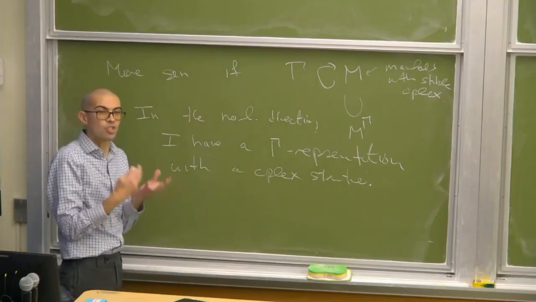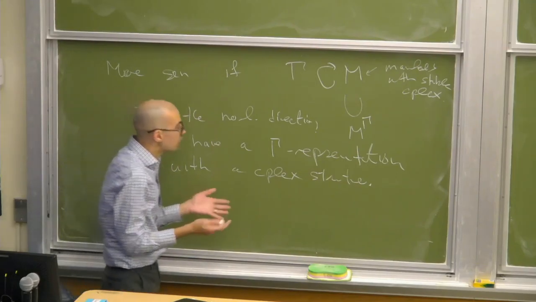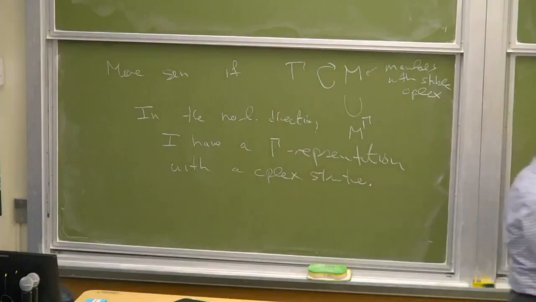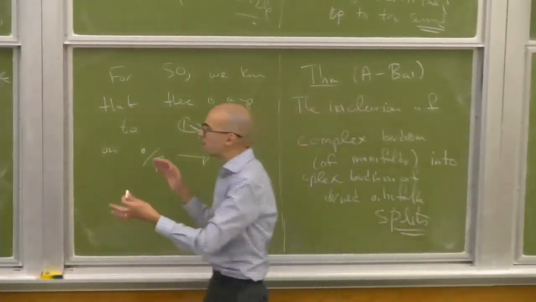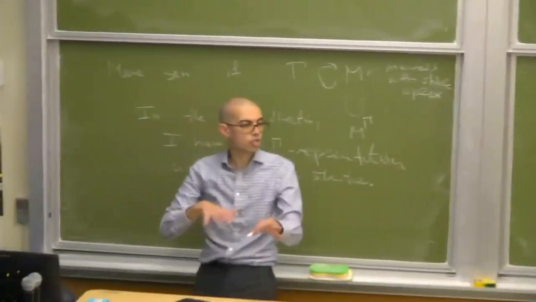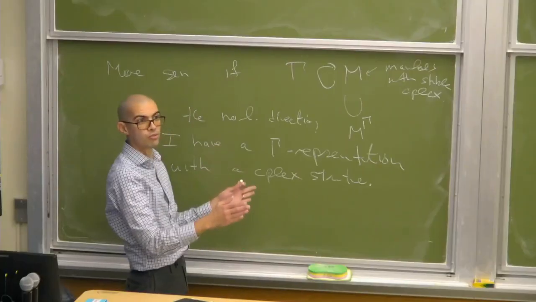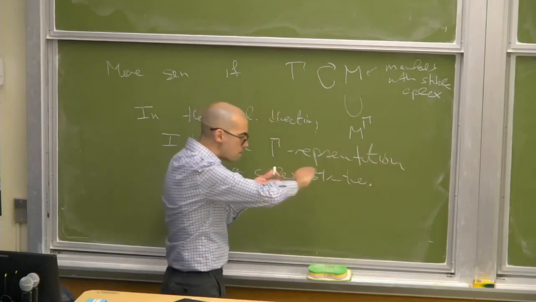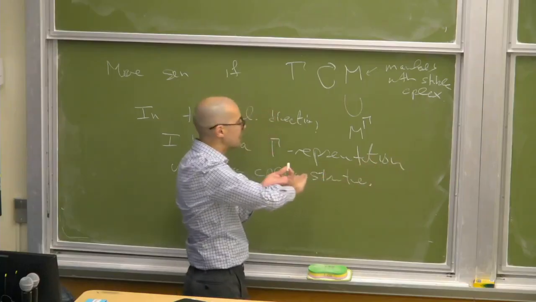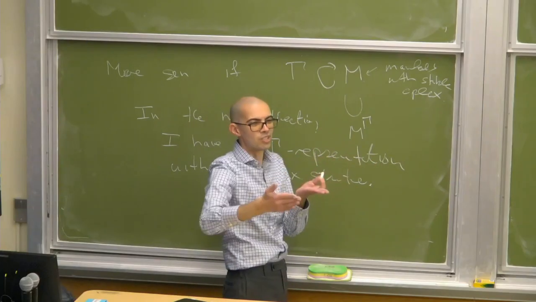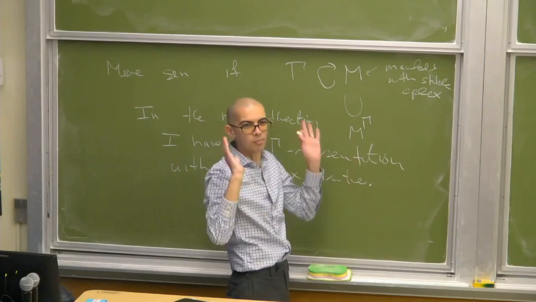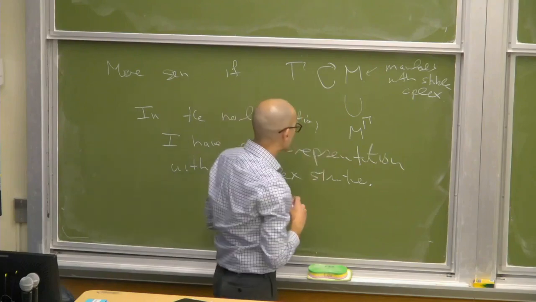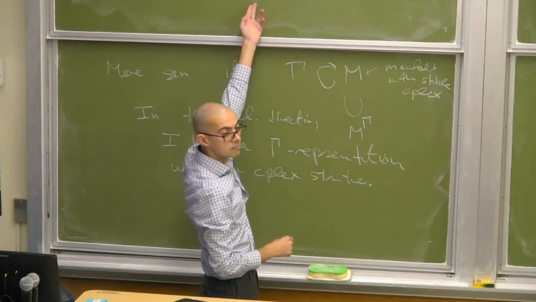Because this is just some kind of tubular neighborhood theorem. The difficulty of making an almost complex manifold complex is all about the global topology and trying to go from chart to chart and making everything consistent. I'm not trying to do that. I'm not doing anything along the locus of the fixed point locus. I'm just worrying in the normal direction. Well, the normal direction is tubular neighborhood theorem. That's not a problem. Okay? So then you just do that.